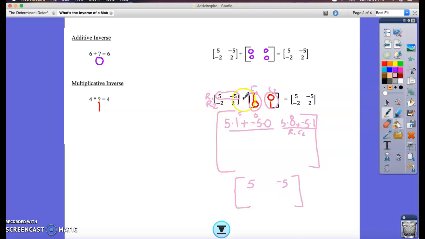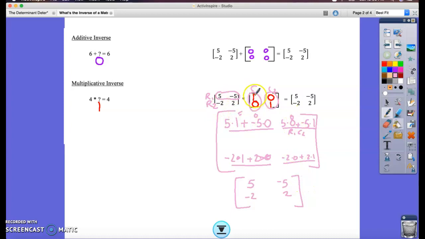Same thing here, -2 would be with 1, and +2 would be with 0. This would cancel out, -2. -2 would be with 0, and 2 would be with 1. That's how I'd get the 2.